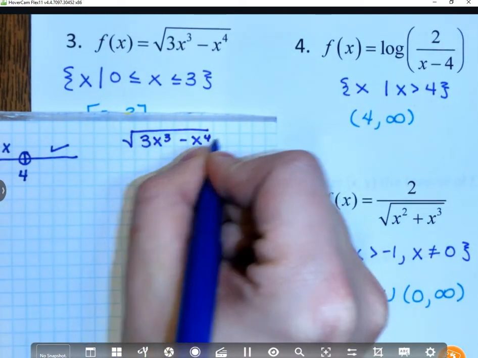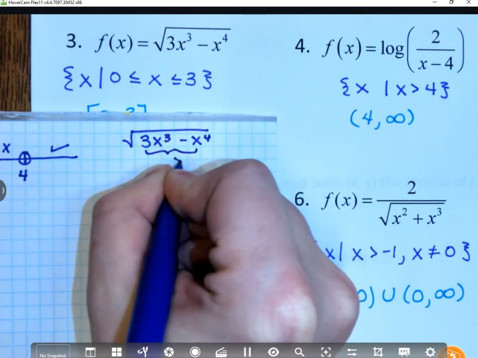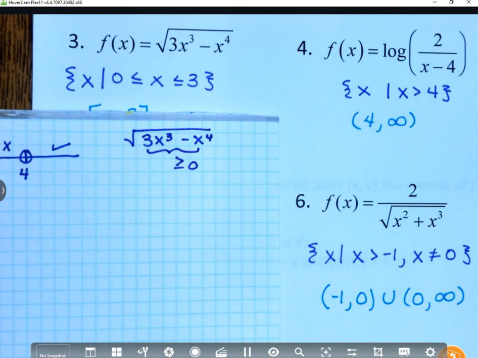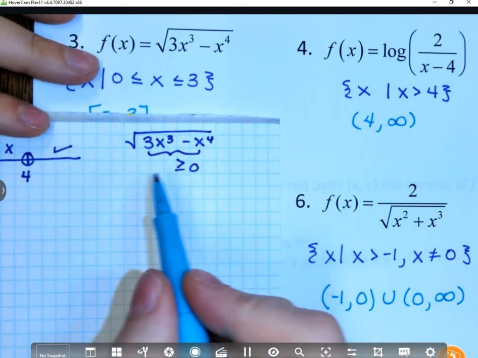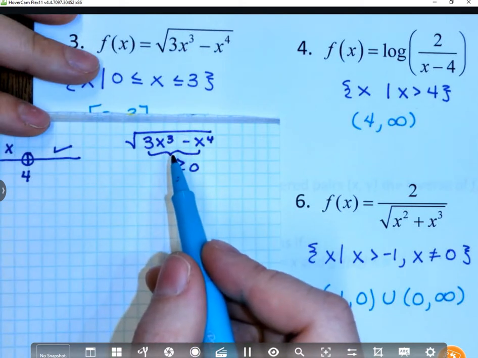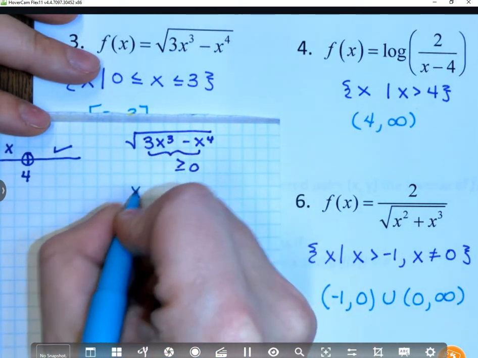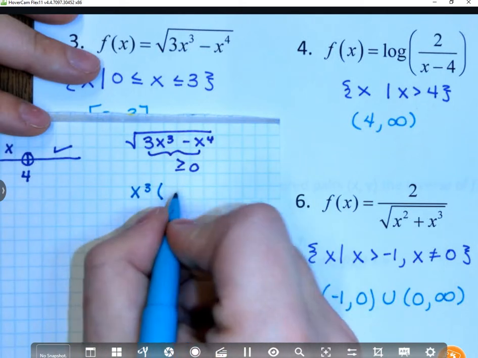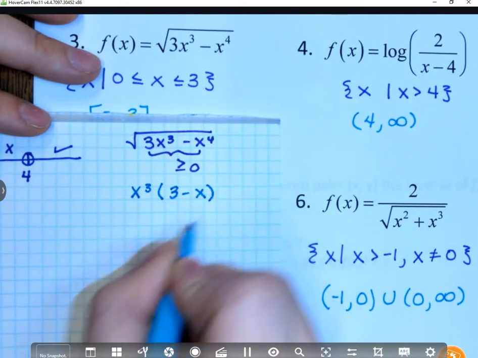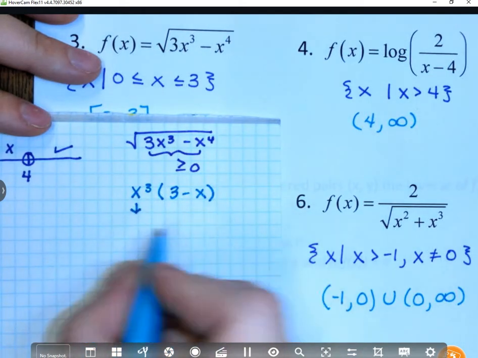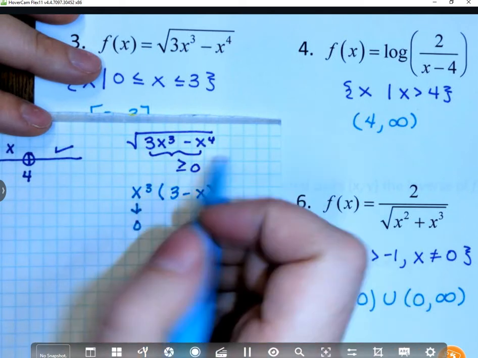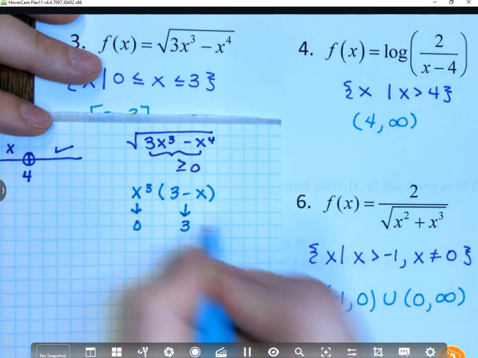So that stuff here must be greater than or equal to 0. Which means if I have multiple variables, or if I have higher powers, I am going to have to factor. What can I factor out of this? X cubed. And when I take the x cubed out, I'm left with 3 minus x. From here, we get 0. From here, we get 3.